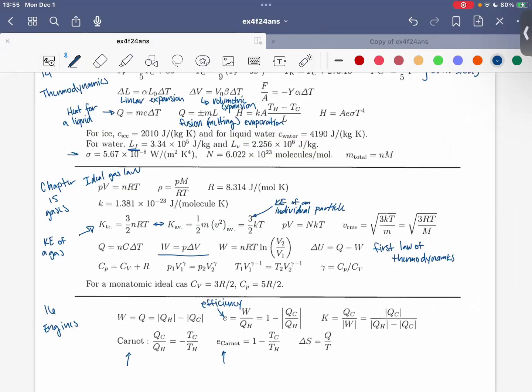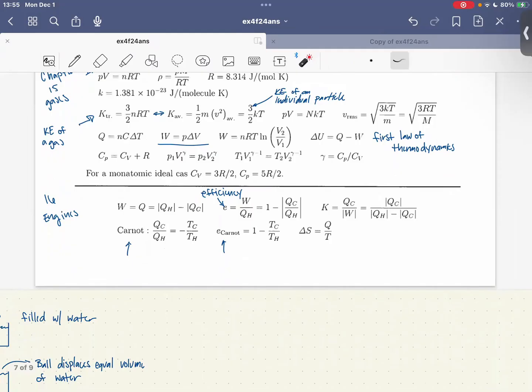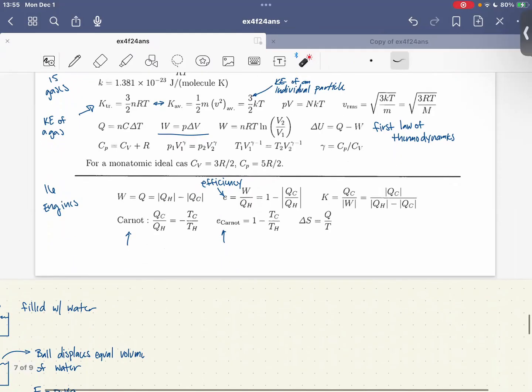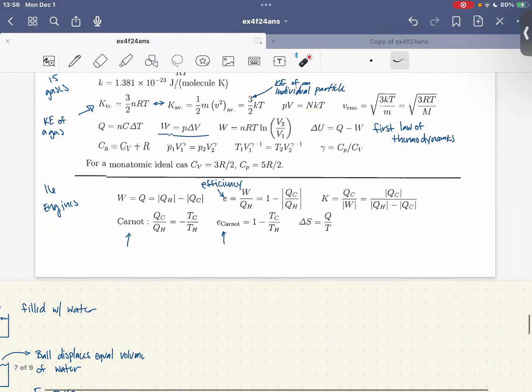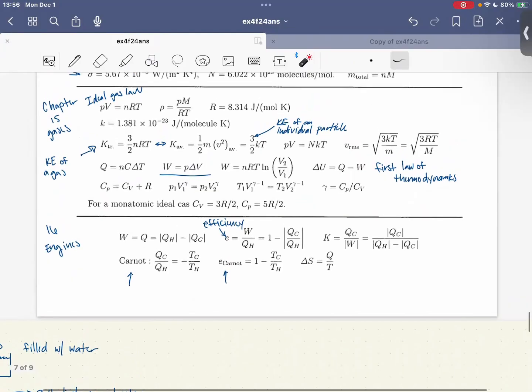So we'll just go and look at our formulas. Since we're given efficiency, we know it's going to be this equation or this equation. And because we're not told it's a Carnot engine, we can safely assume we'll be using this top equation.